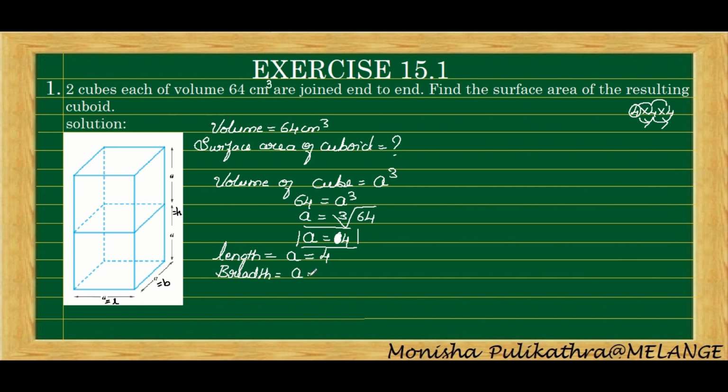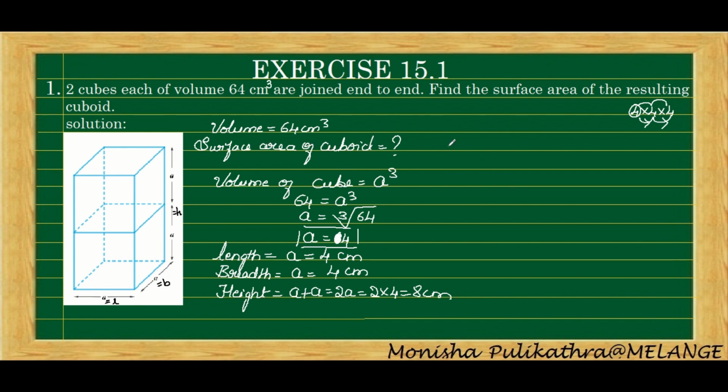Breadth is equal to again A, which is equal to 4 itself. Next is height. But the height of the cuboid is A plus A, which is 2A, that is 2 into 4, equal to 8. So 4 centimeter, 4 centimeter and 8 centimeter. Now length is 4 centimeter, breadth is 4 centimeter, but height is 8 centimeter.